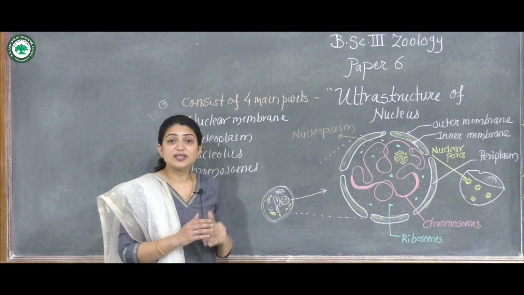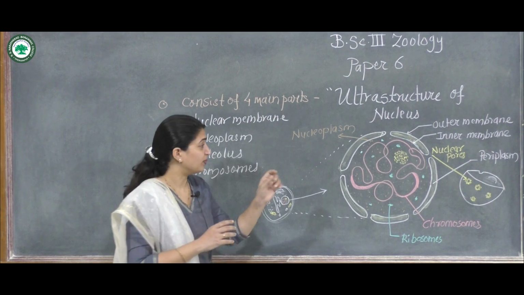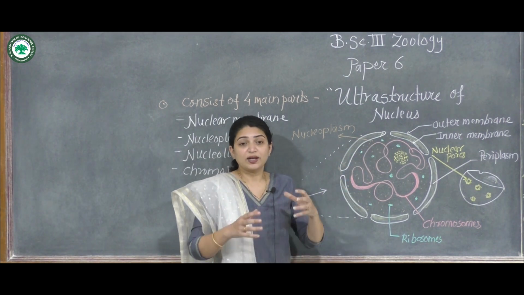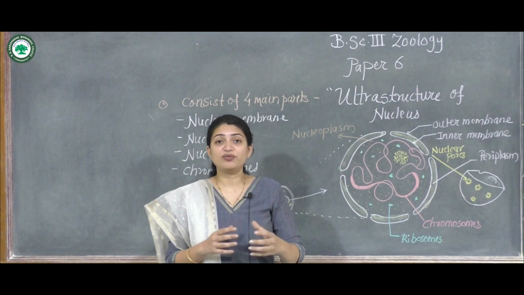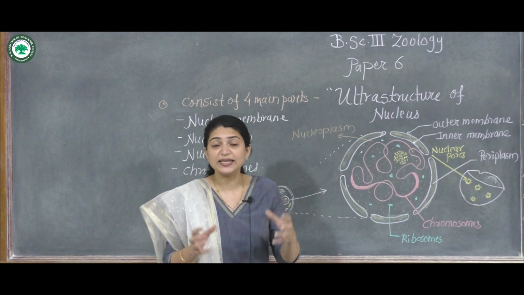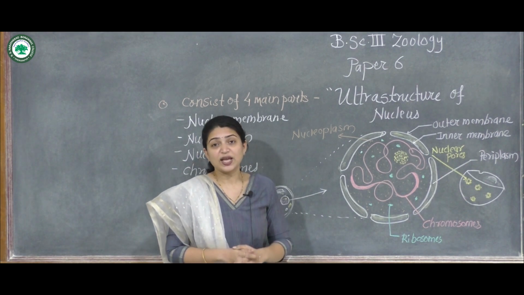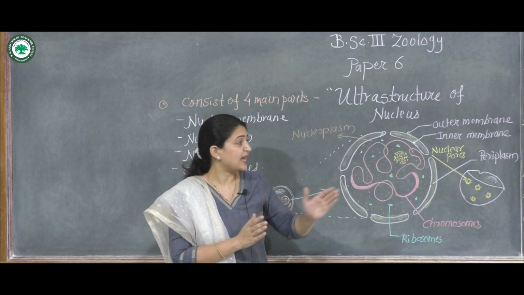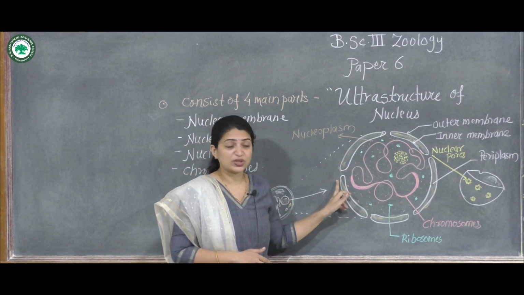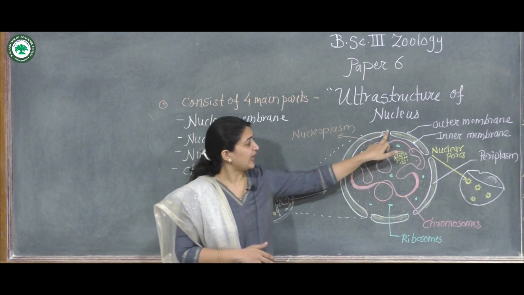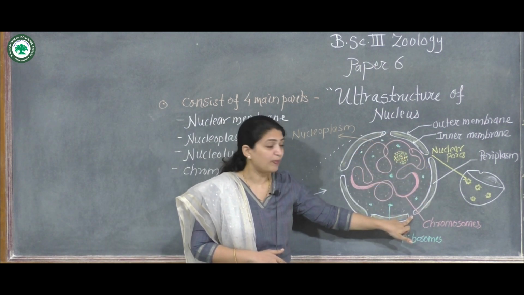This membrane consists of many pores. These pores allow export and import of different kinds of materials into and out of the nucleus. Here you can see in this membrane there is a space in the middle.